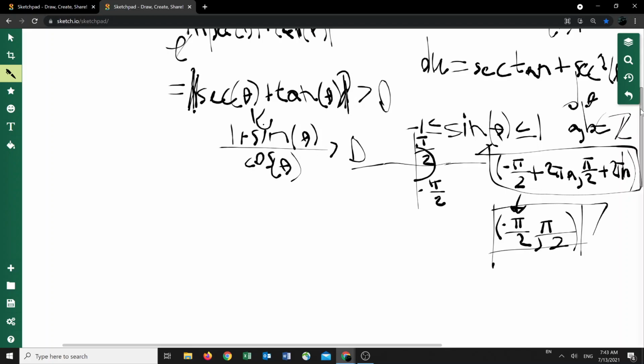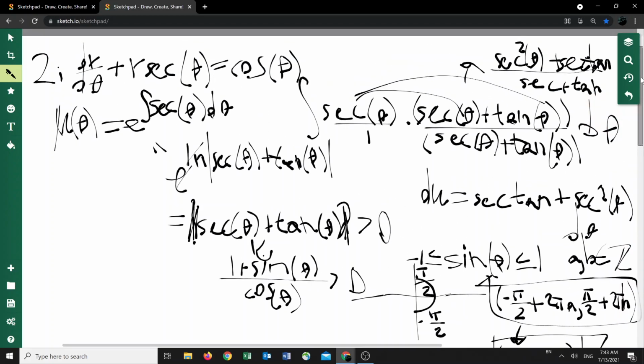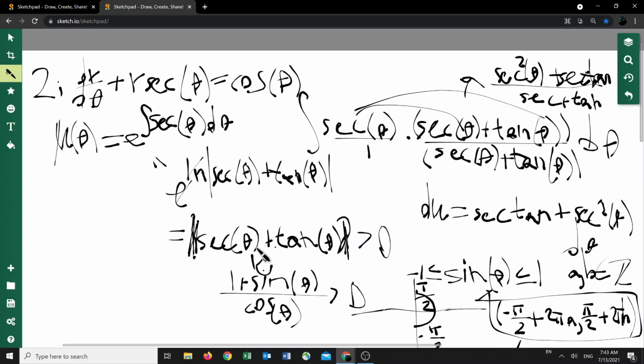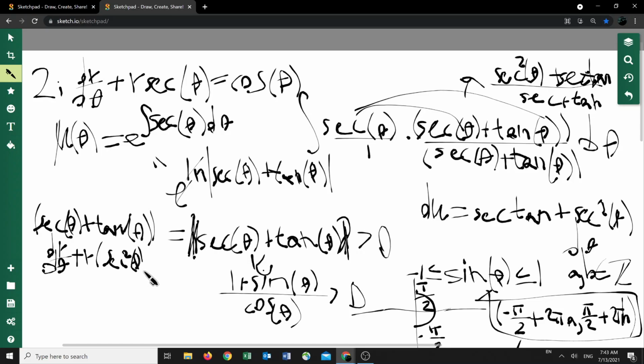Okay, so now let's continue with the problem and multiply both sides by secant theta plus tangent theta. We took the positive possibility. When we multiply both sides by that, this might look a bit messy, but we're going to have secant theta plus tangent theta times dr d theta plus r secant squared. This is a similar case to when we dealt with the actual integral.